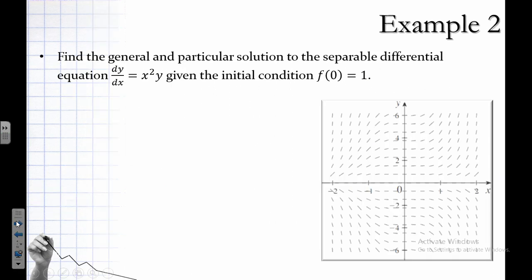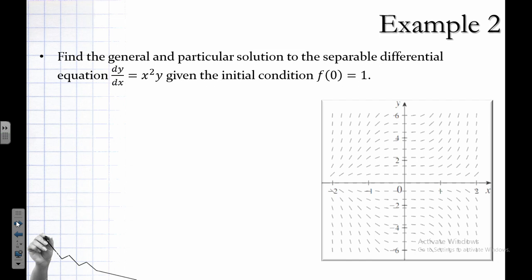All right, next one. dy/dx equals x squared y. So write dy/dx equals x squared y, and then our initial condition is (0, 1).